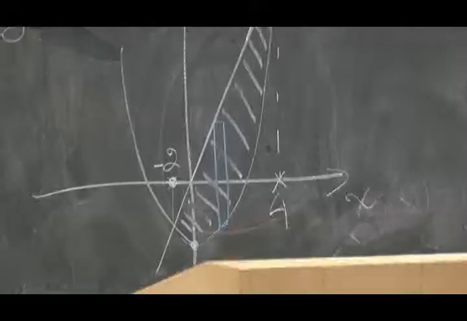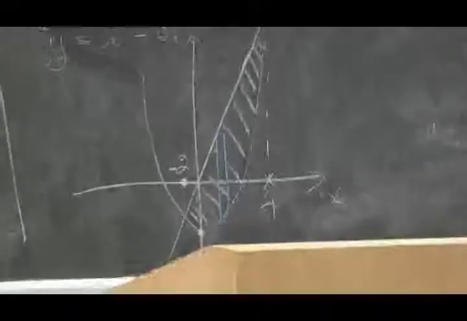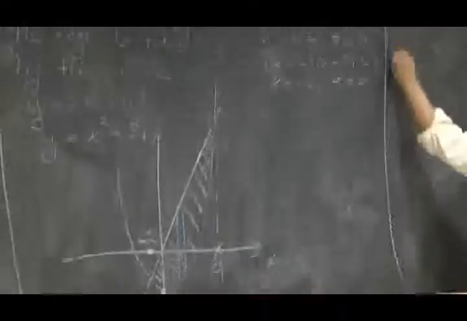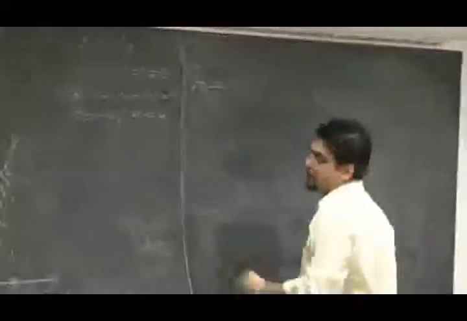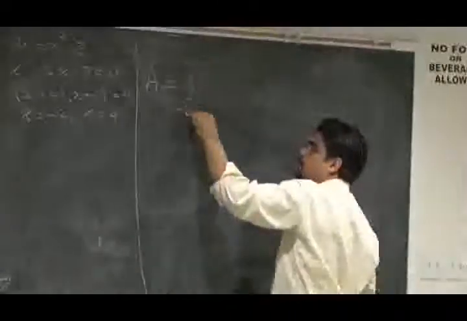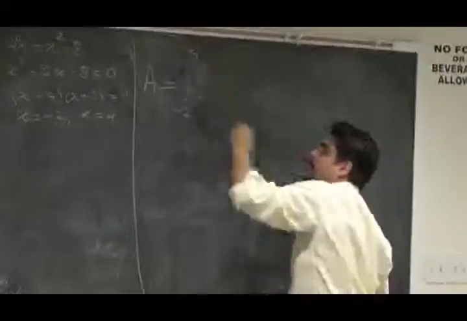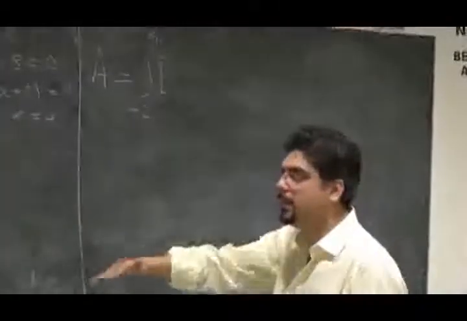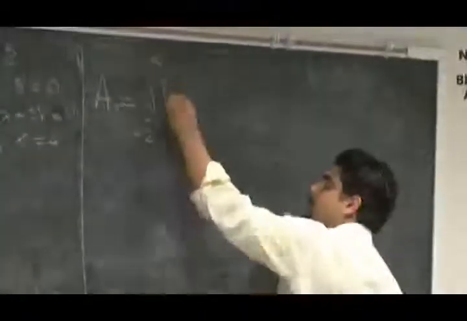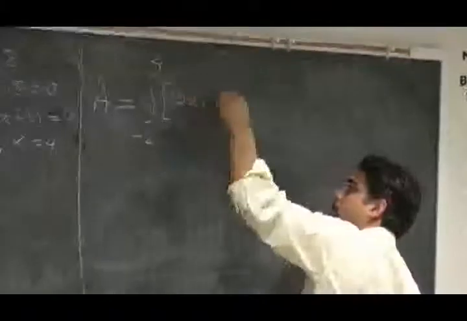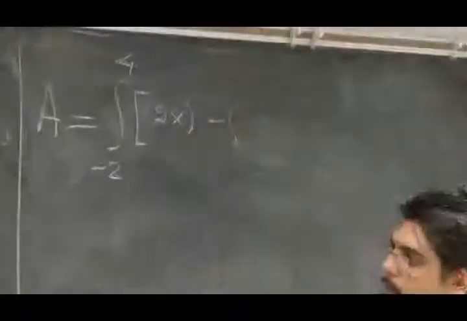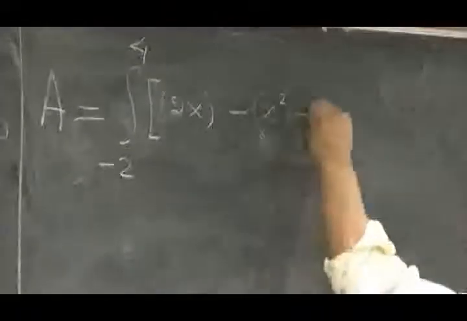So I have to set up this integral. The area is going to be the integral from negative 2 to 4. Again, I want the top function minus the bottom function. The top function is 2x minus the bottom function, x squared minus 8.